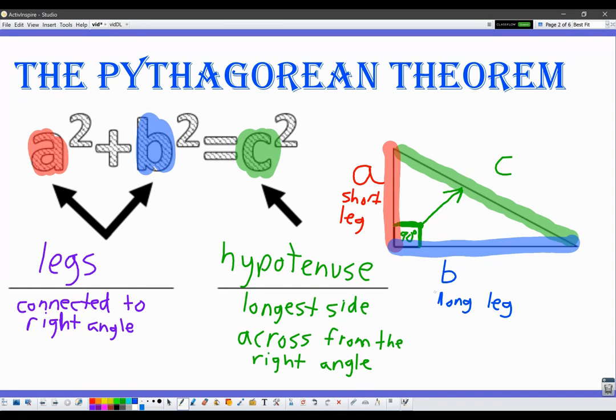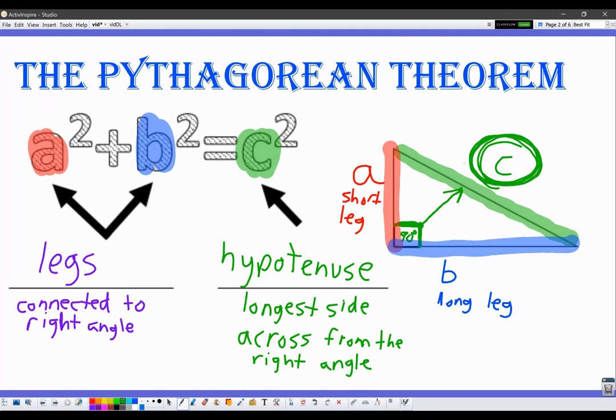So you can switch A and B around and you'll still get the right answer. The only one that can never switch anywhere is C. C is always the hypotenuse no matter what. I can't let any other leg be the hypotenuse. C always has to be that longest side, that hypotenuse, that side across from 90 degrees.